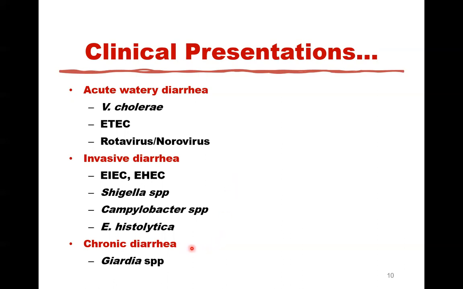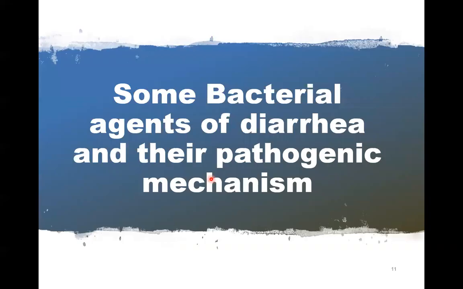And in some patients, with some parasitic agents, you can have chronic long-term infection, disrupting the function of the enterocytes. So the parasitic agent, Giardia species, can cause this. For acute watery diarrhea and invasive diarrhea, I've listed agents that are known to present clinically like this.